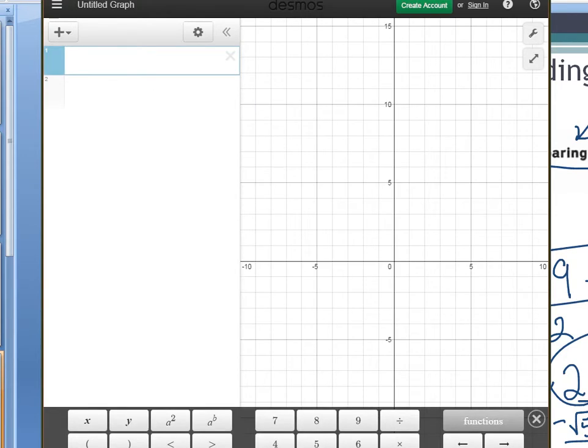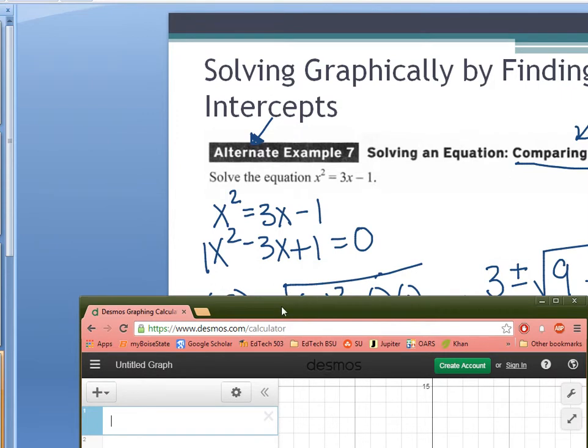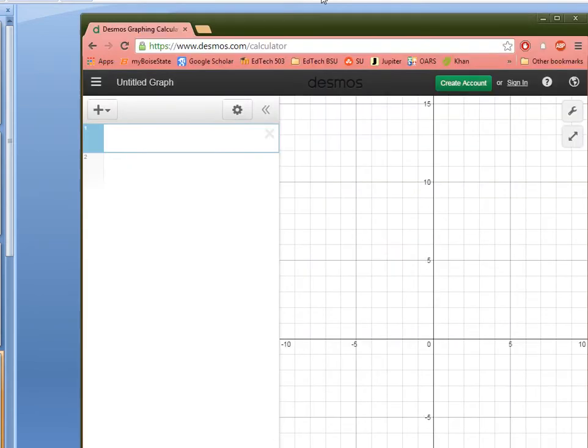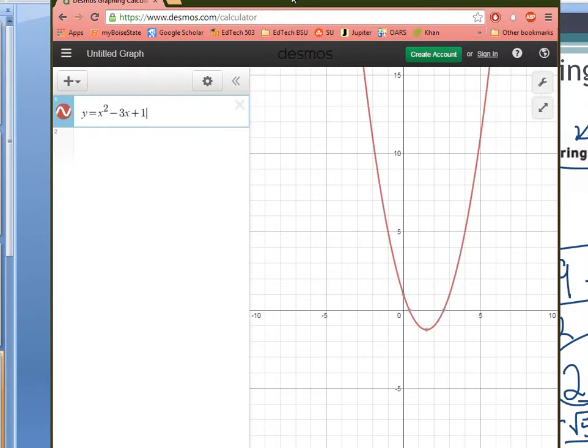And we type in this function. Or we're typing in y equals x squared minus 3x plus 1. We're replacing the 0 with y. So y equals x squared minus 3x plus 1, right?